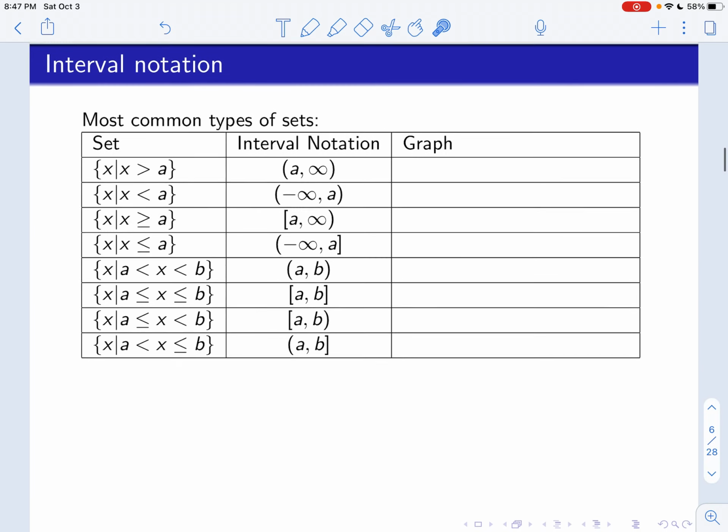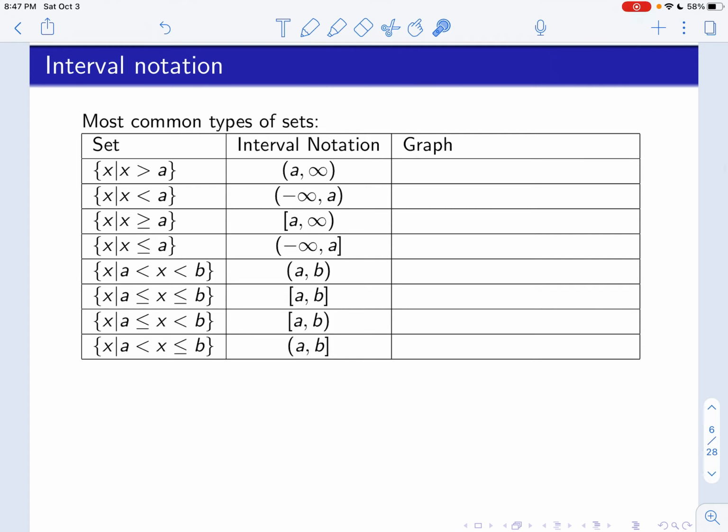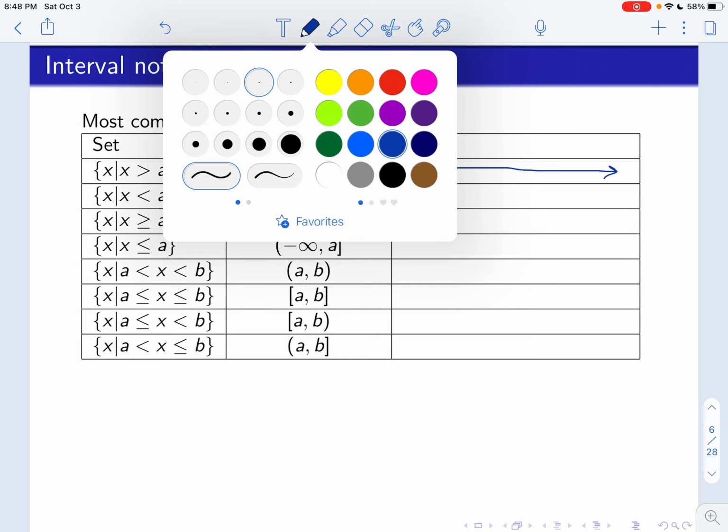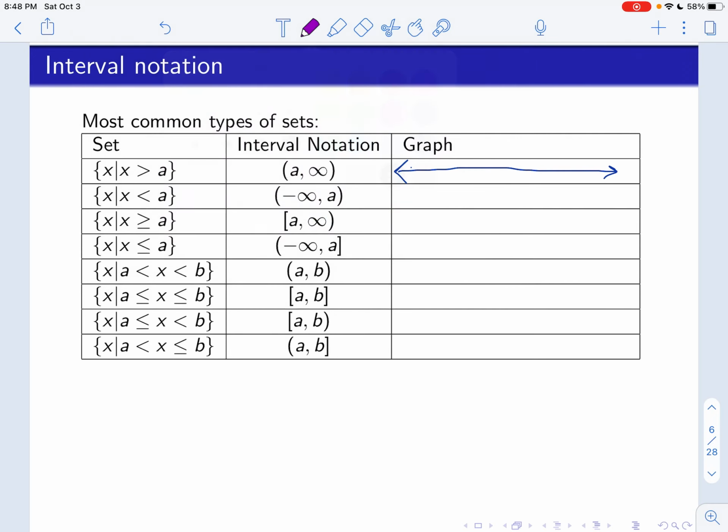So there are several common types of sets that we're going to get into, and I want to run through this quickly. If I have x is greater than a number, that's like what we just saw. So the interval notation would be the number, whatever it is, to infinity. And if we were to draw a graph, I'll do my graph in a different color.